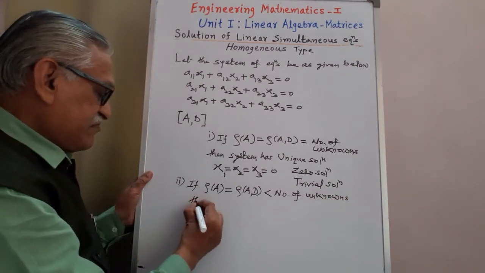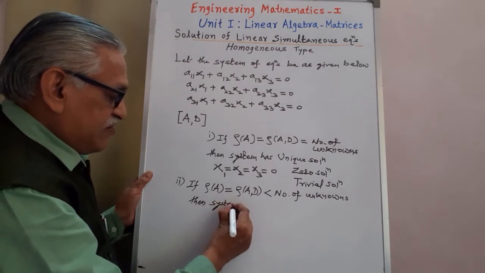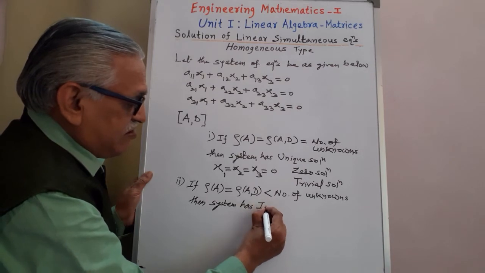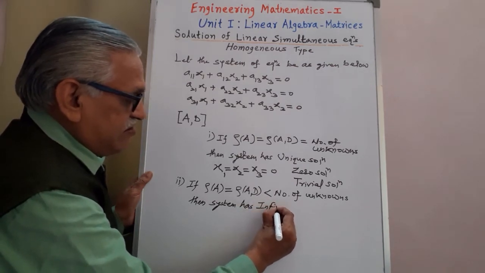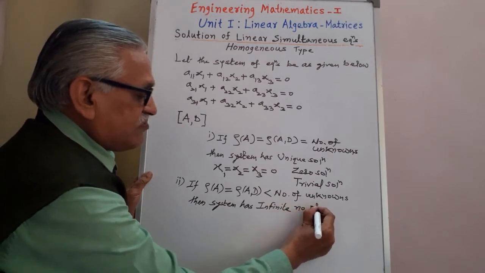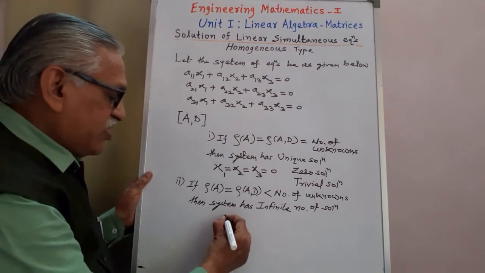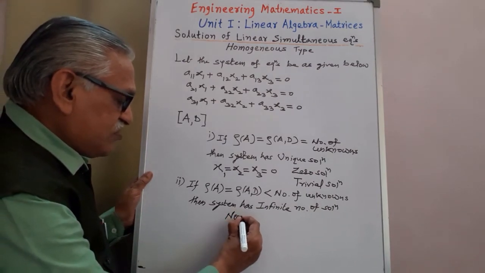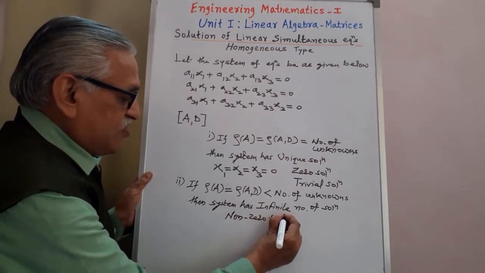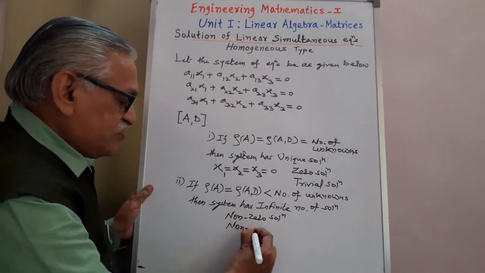Then the system has an infinite number of solutions, and that infinite solution is called a non-zero solution, or it is also called a non-trivial solution.